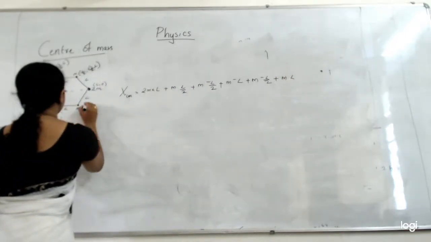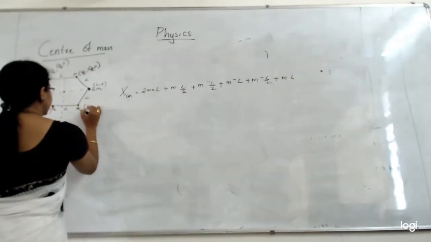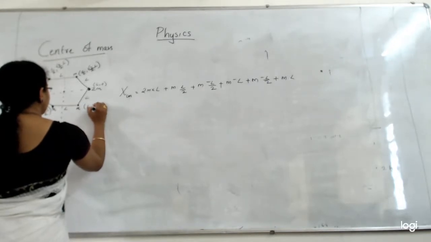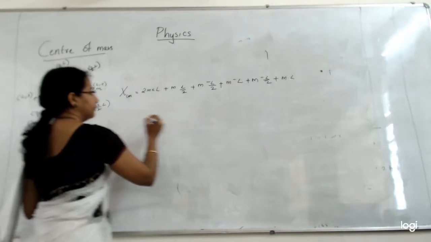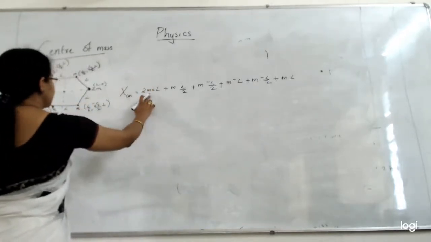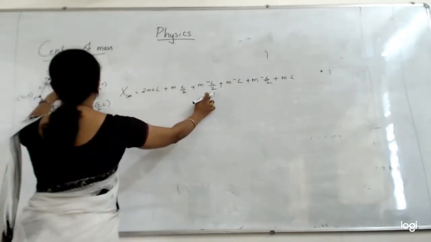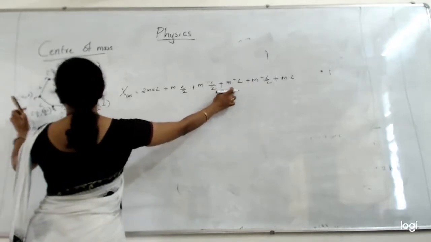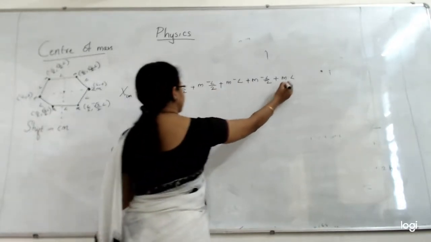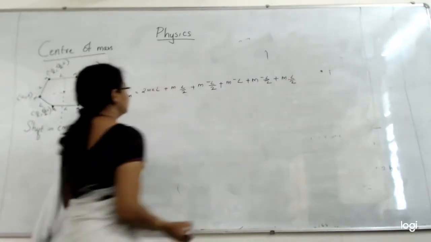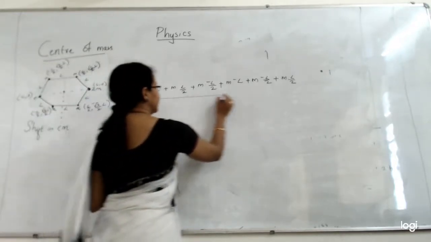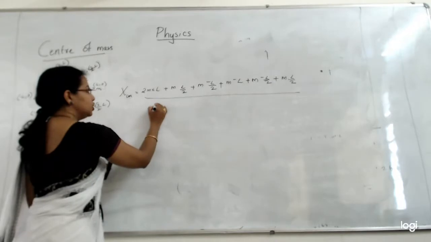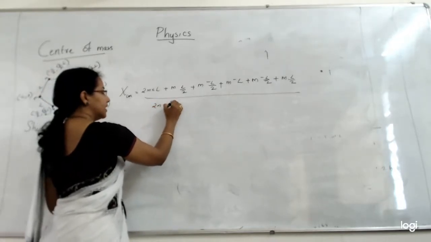This coordinate I did not write. This is L by 2 comma minus root 3 by 2 of L. This is the first one, second, third, fourth, fifth, and even the sixth is L by 2, divided by the total mass, 2m plus the rest all masses are m.